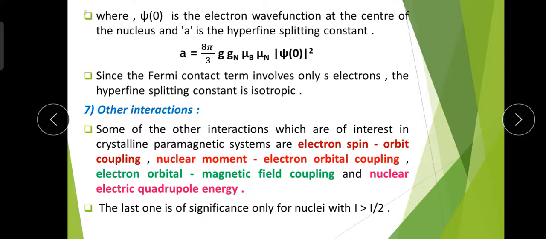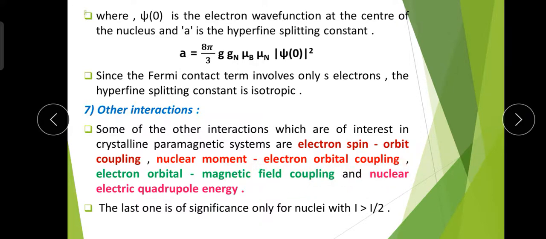The first one is the electron spin orbit coupling. That means there is a coupling between electron spin and electron orbit, and due to this coupling we get some kind of interaction which contributes to our Hamiltonian. Another one is the nuclear moment and electron orbital coupling.